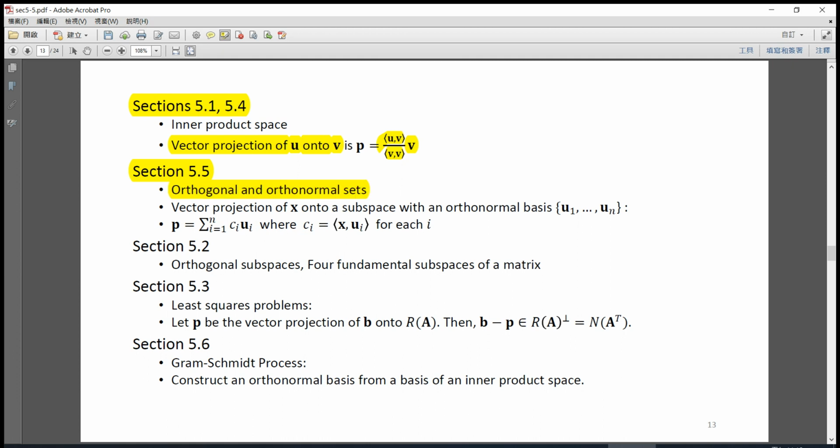And we learn how to compute the vector projection of x onto a subspace.